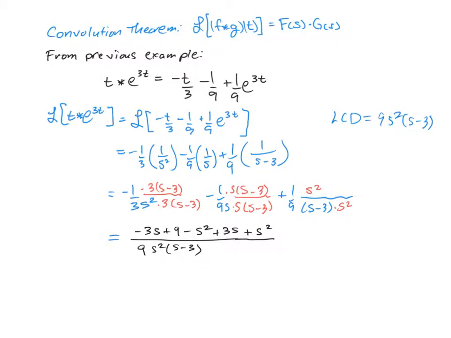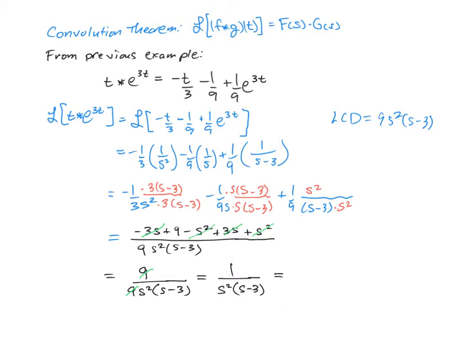Now if we combine like terms in our numerator, we notice that the 3s terms cancel out, the s squared terms cancel out, and we're left with the fraction 9 over 9 s squared times s minus 3. And these 9s cancel out as well. So our final answer is 1 over s squared times s minus 3.